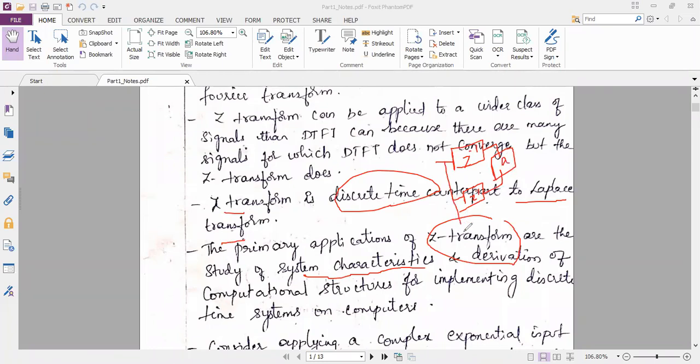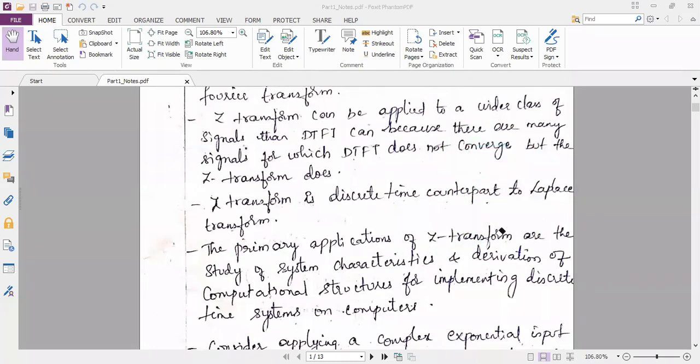Similarly, I can add ladder-like structures. This complete thing constitutes a structure. I can design the structure of the system easily with the help of the Z transform, whereas designing the structure using the other transforms is very difficult. So you should know only this point: we can use the Z transform for designing the structure.